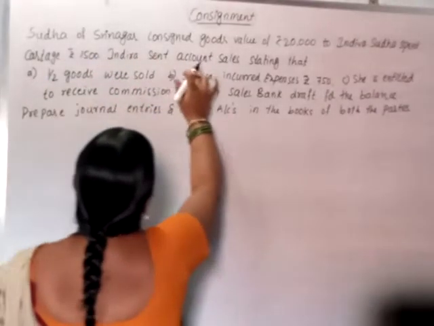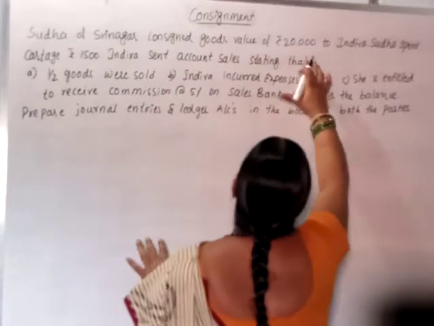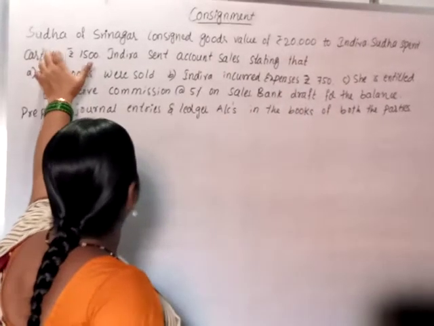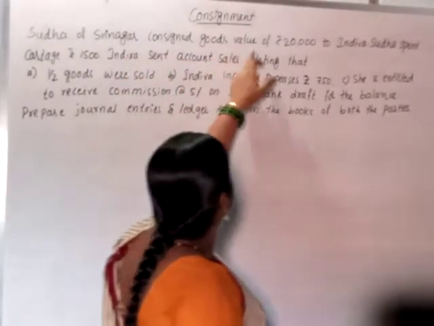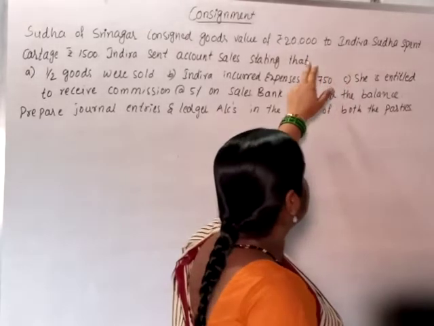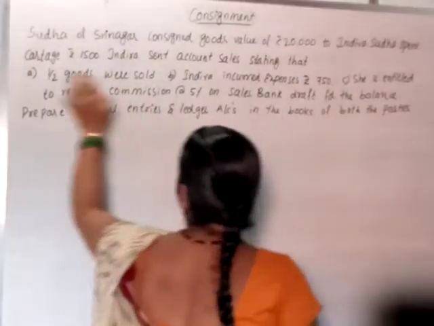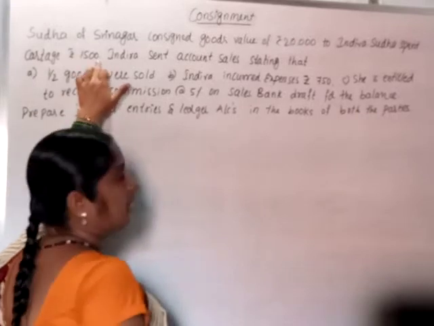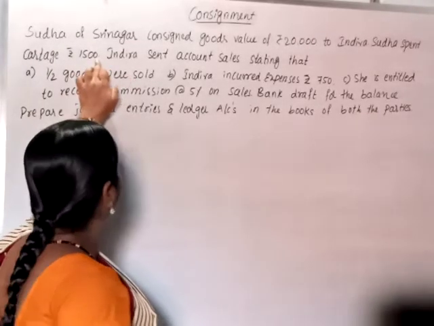Sudha of Srinagar consigned goods worth rupees 20,000 to Indira. So the consignor is Sudha, sending goods to Indira, so Indira is the consignee. Sudha spent cartage rupees 1,500, which means consignor expenditure only.